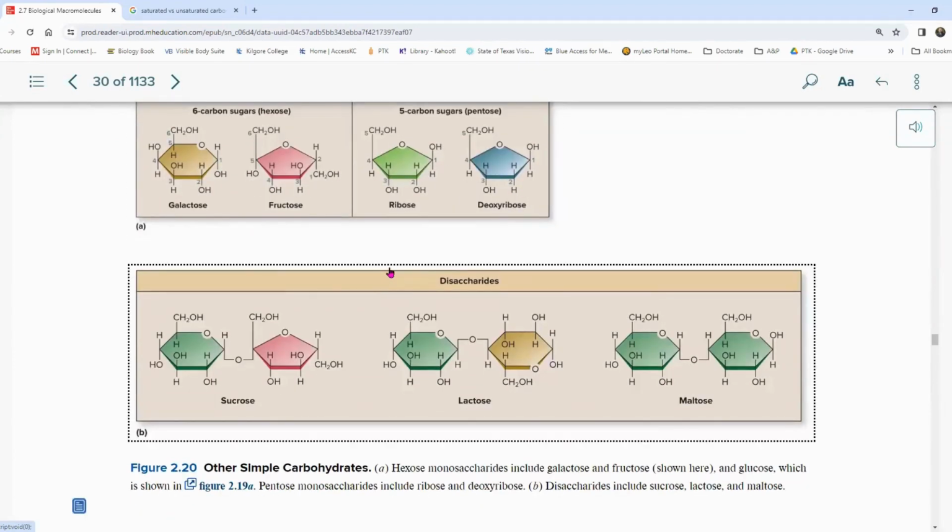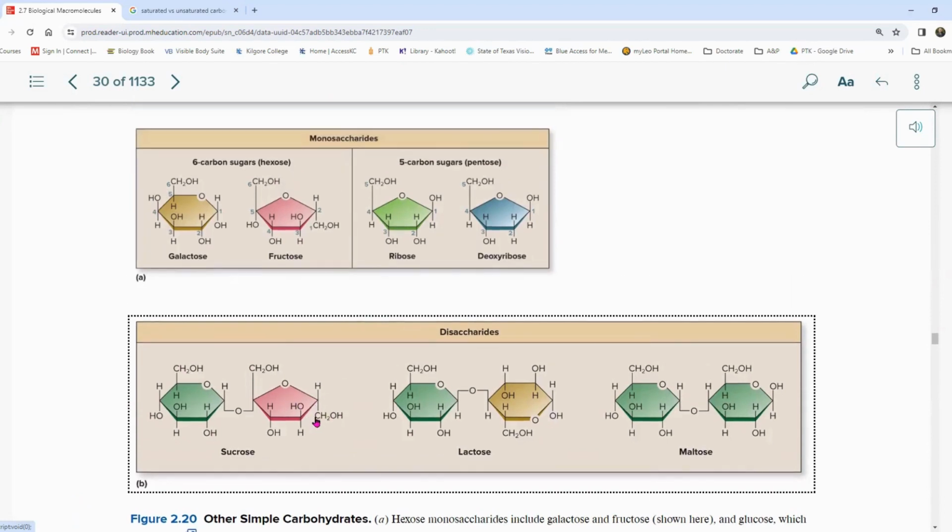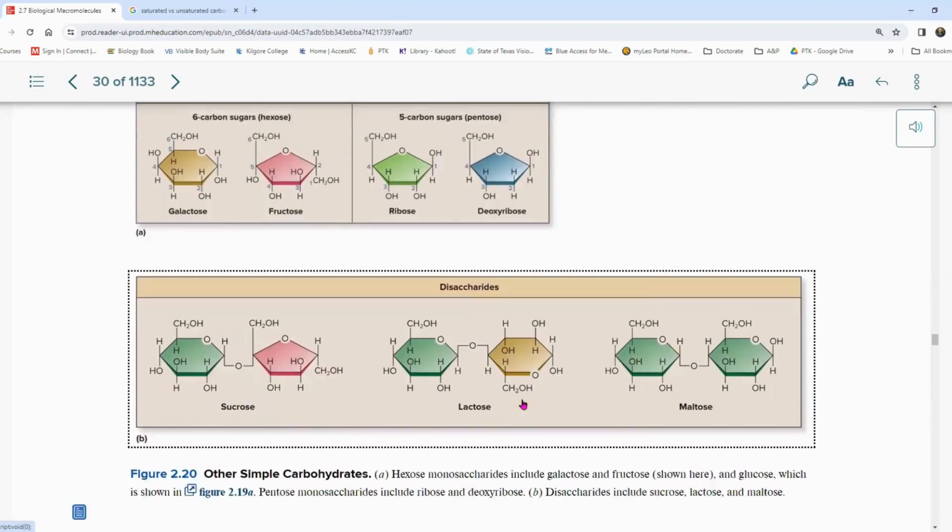Disaccharides are monosaccharides put together. So sucrose is a combination of glucose and fructose. Lactose, which we hear of in milk, which is the sugar that's in milk, is galactose and glucose put together.